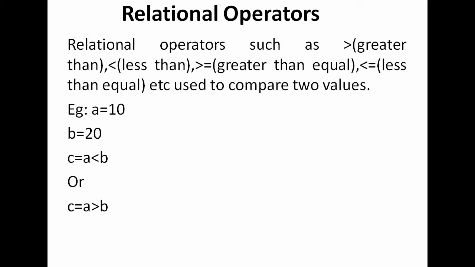Here relational operators such as greater than, here is the symbol, it represents greater than, less than, greater than equal, less than equal, etc. They are basically used to compare two values.